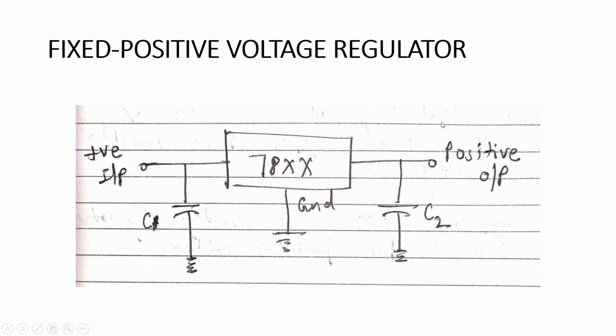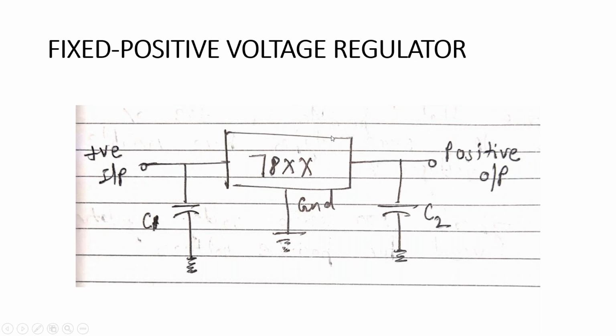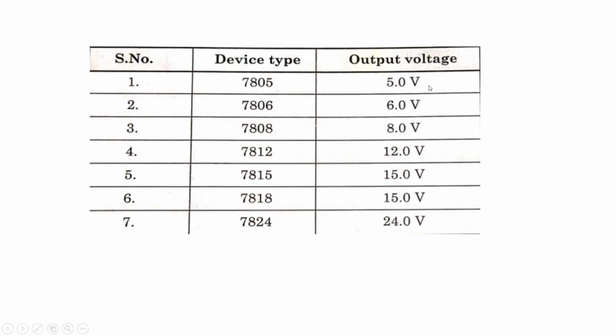The IC out terminal provides a regulated voltage which is filtered by capacitor C2. The popular IC series of three-terminal regulator here is 78XX. The third terminal is grounded here. So these are the positive voltage regulator series here, providing different output voltages.